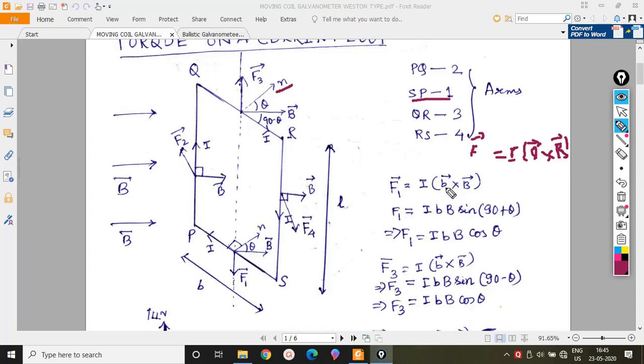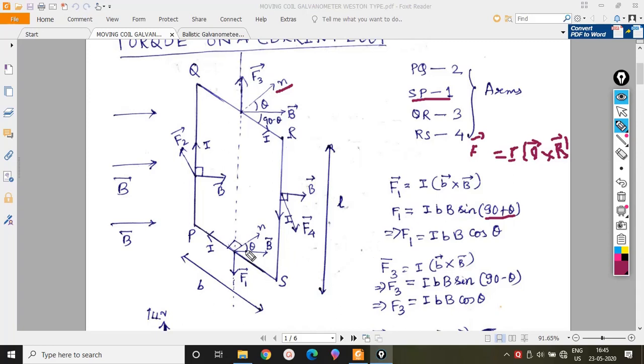You will see that the angle between this small b, that is the direction of current, and capital B is 90 plus theta.